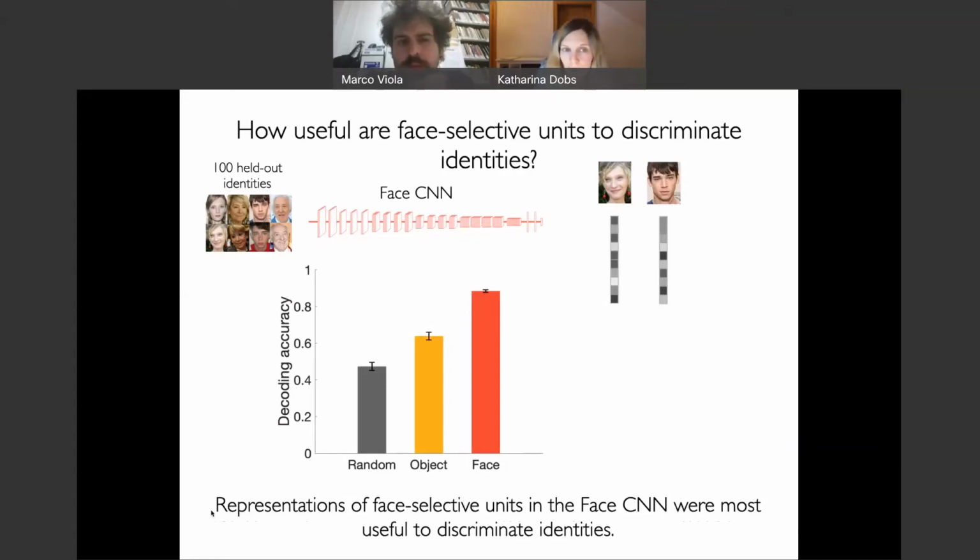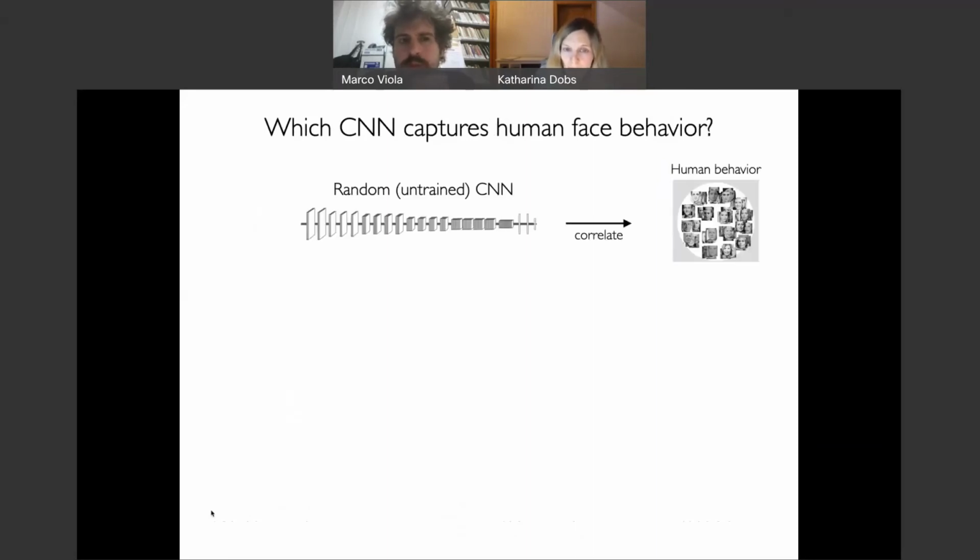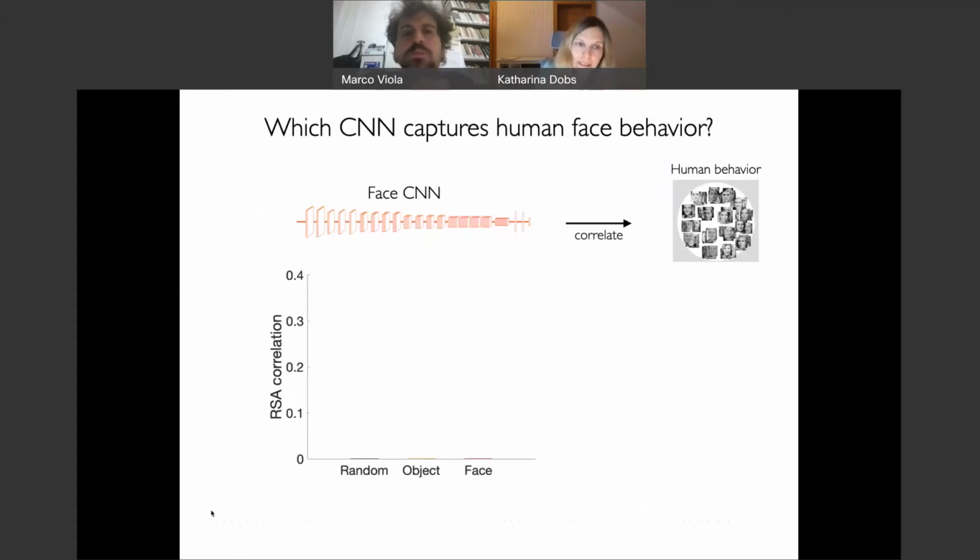And then we also wanted to know, do they capture human face behavior? So we also correlated them with the data from the human behavior that I showed you in the part before, for all 3 models, but only using the face selective filters in these networks. And that's again the representational similarity analysis correlation here.